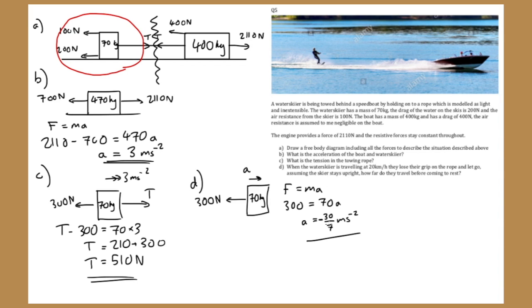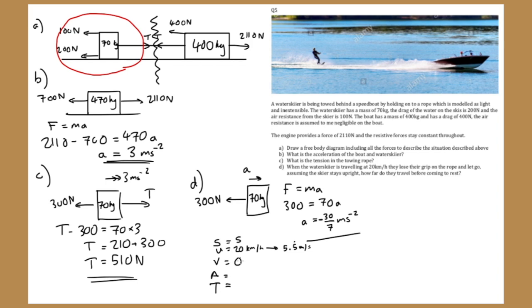Now, how far do they travel before they come to rest? Well, this is a SUVAT question. With SUVATs, let's always start by listing SUVAT, seeing what we've got and what we need. So we're looking for S. U is 20 kilometers an hour, which, if you convert it, becomes 5.5 recurring meters per second.